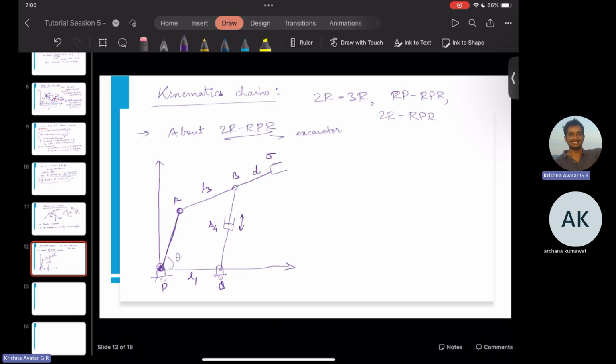The prismatic joint will only move along the length of the link itself, and we have L2 here. So for forward kinematics, of course, I won't be deriving completely here. We have given, what all do we need?